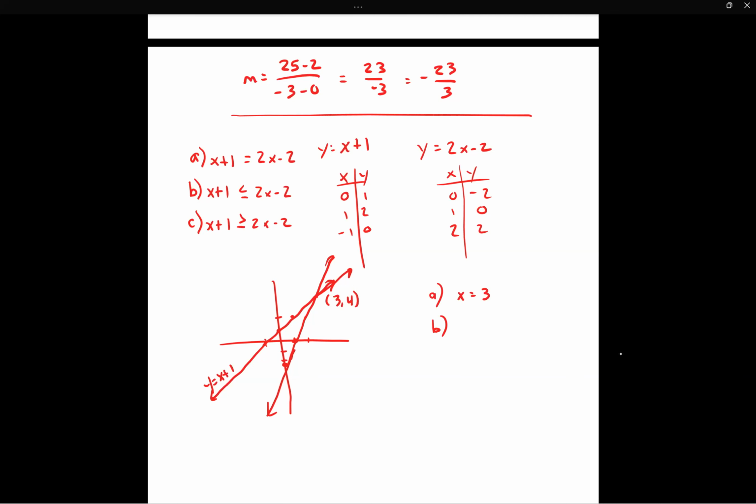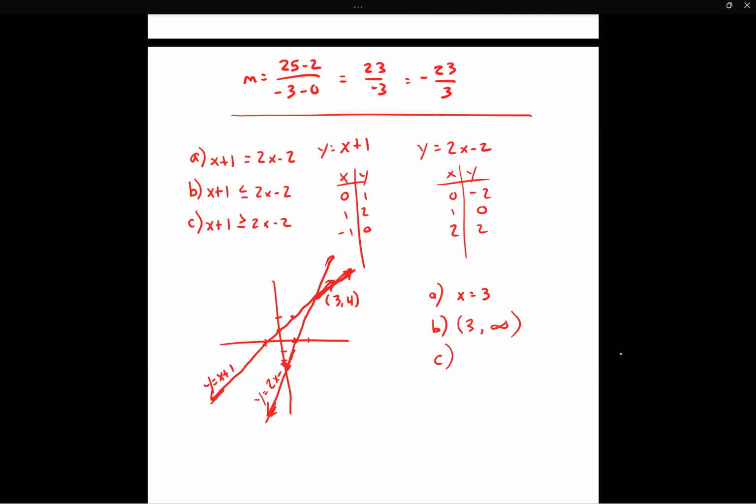Now, where does y equals x plus 1 less than y equals 2x minus 2, so where is this line less than this line? Well, that's starting at 3, and it doesn't include 3 because they're equal there, to infinity.